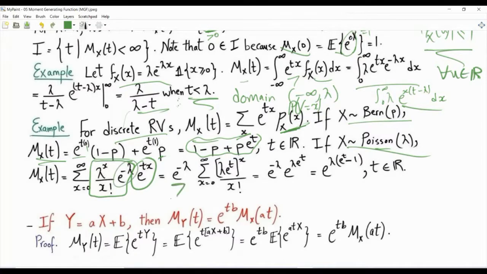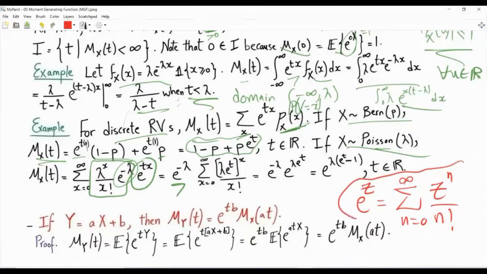And then you basically do this summation. You can take e to the minus lambda as an outside factor, and then you can combine lambda to the x and e to the tx as lambda e to the t to the x over x factorial. And what is this thing? It is very important, let me write it in red, to recall the Taylor series of the exponential function. It looks like this.